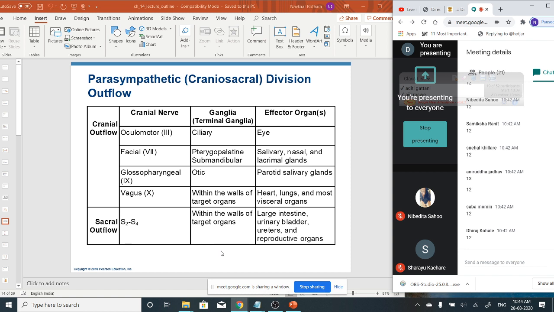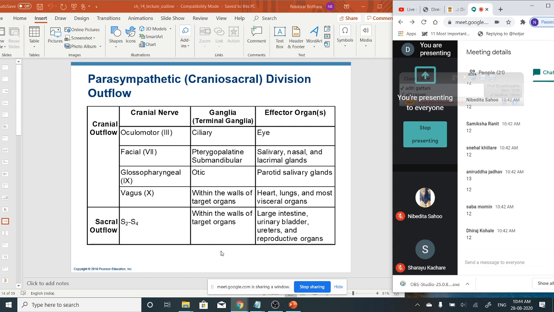Once we understand, if somebody asks you in the night what happens if acetylcholine increases in the eye, immediately you will say miosis. Why miosis? Because there are circular muscles, and the receptor is only on the circular muscle. The circular muscles constrict, and because of that the pupil size decreases. Simple.